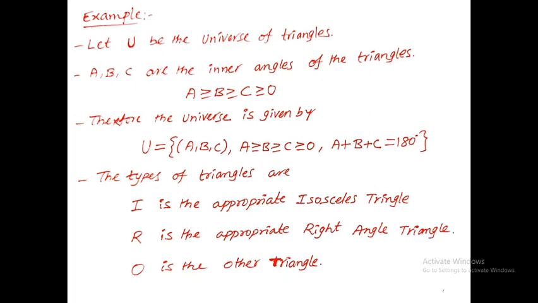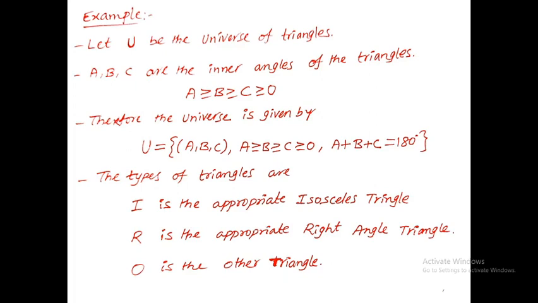Therefore, the universe, or universe of discourse, is nothing but A, B, C, such that the condition is A is greater than or equal to B, B is greater than or equal to C, C is greater than or equal to 0, and also to form a triangle, the summation of all the angles, A plus B plus C, should be equal to 180 degrees, right?